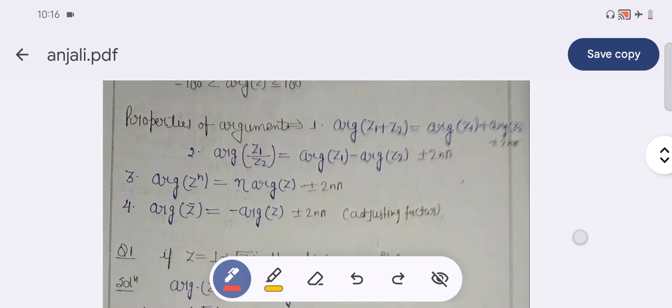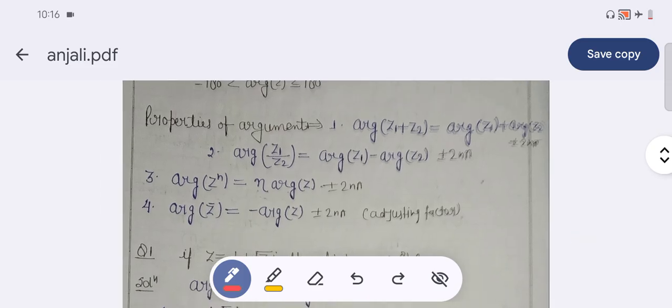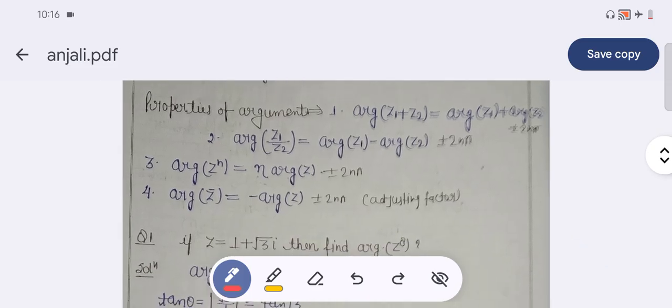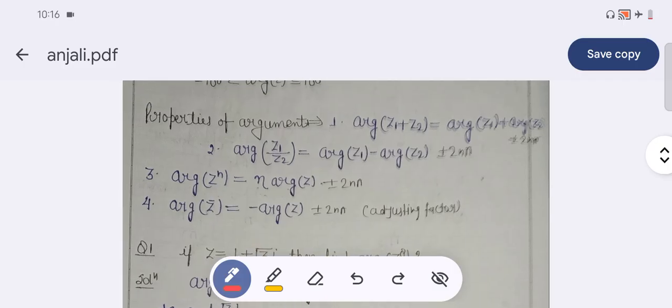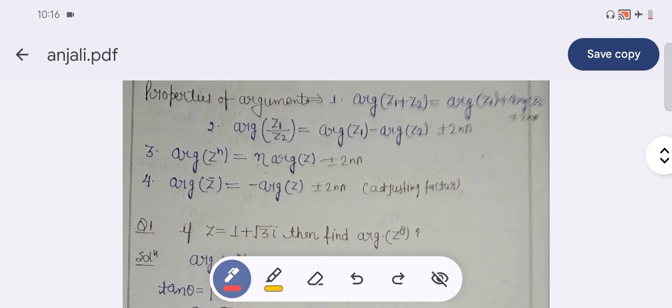So, some properties of arguments. Argument of z1 z2 is equal to argument of z1 plus argument of z2. The second is argument of z1 upon z2, which is argument of z1 minus argument of z2.